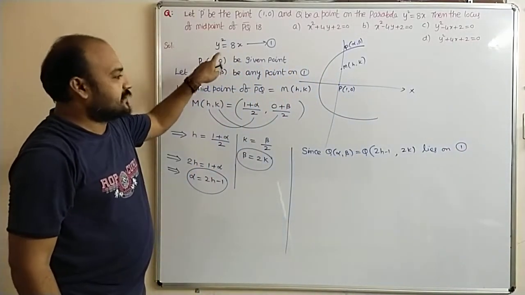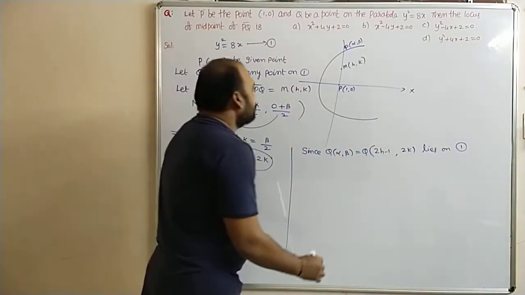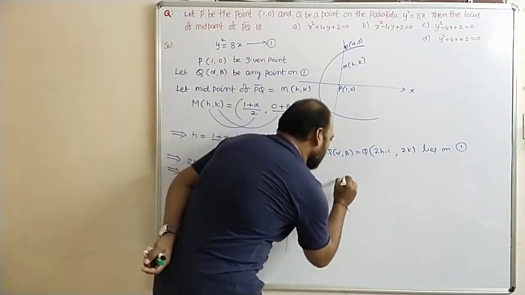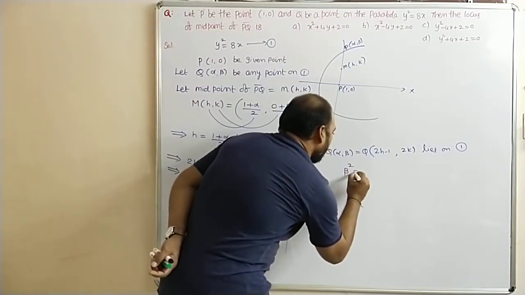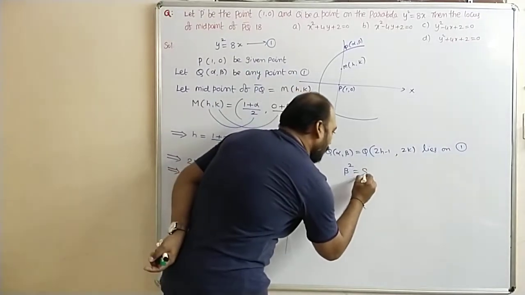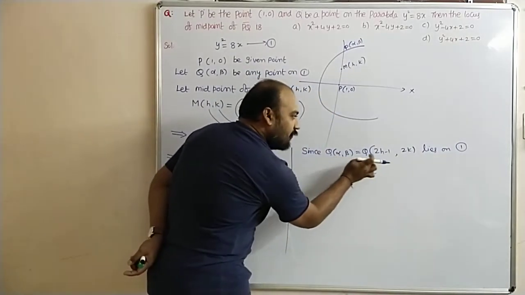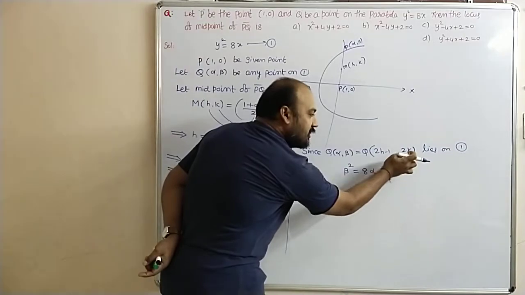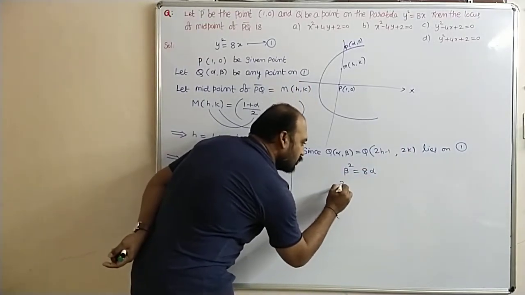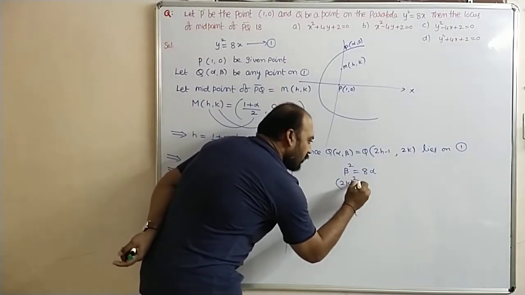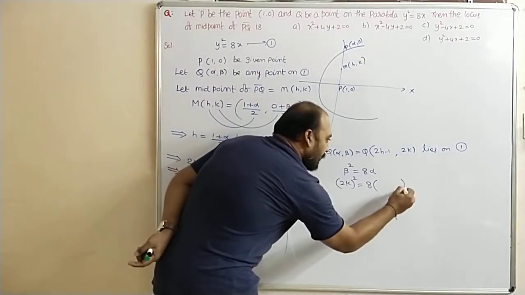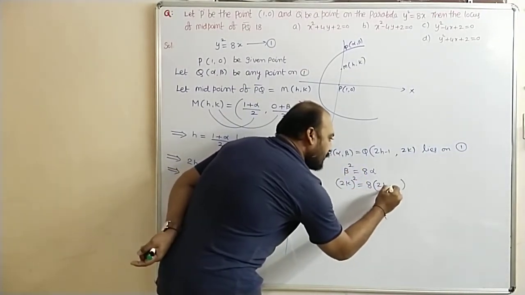Wherever x, y is there, you have to replace. So y square, that means beta square, is equal to 8 alpha. In place of alpha, 2h minus 1, in place of beta, 2k. So it will become (2k) whole square is equal to 8 into (2h minus 1).